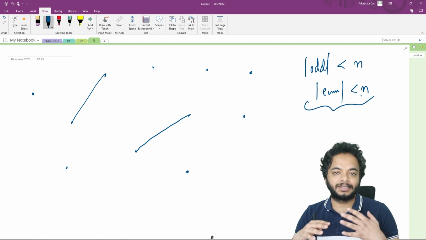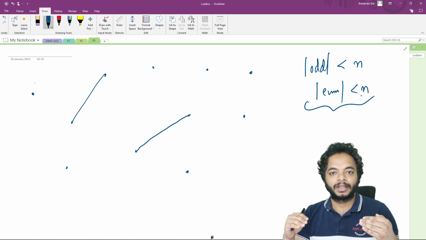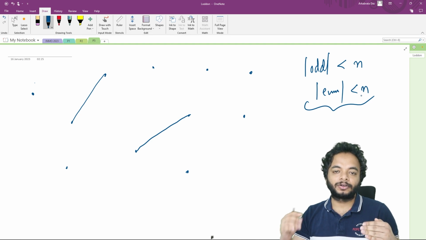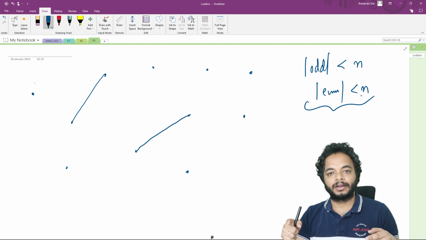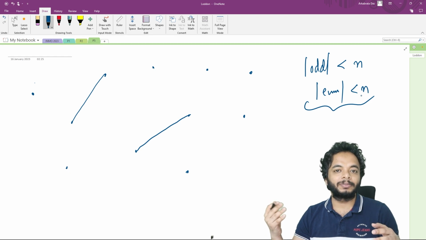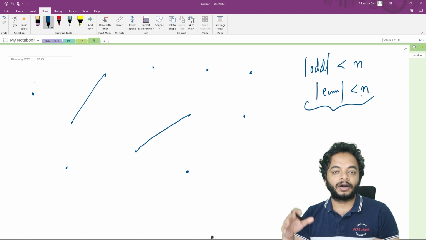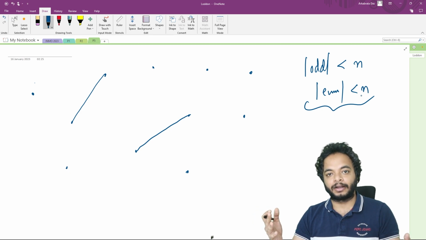Suppose I have n points on a plane. I know that there could be at max n minus 1 edges of an acyclic graph.